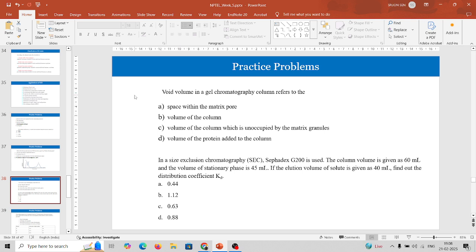Void volume in a gel chromatography refers to. So what is the void volume? I was talking about it. Space within the matrix pore, volume of the column, volume of the protein added to the column, or the volume of the column which is unoccupied by the matrix granules. So what is a void volume?